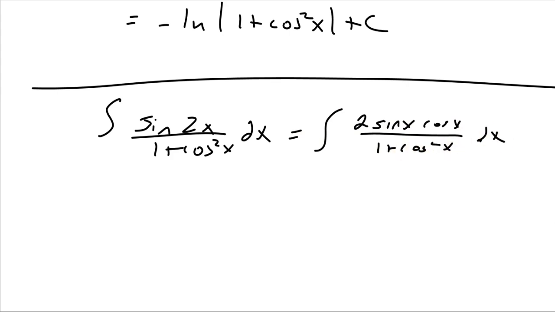And then I could have let u equal 1 plus cosine squared of x. And then du would be, what? 2 cosine of x times sine of x dx, because we got our chain rule, right?